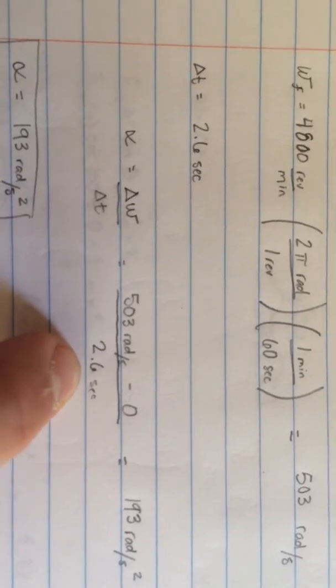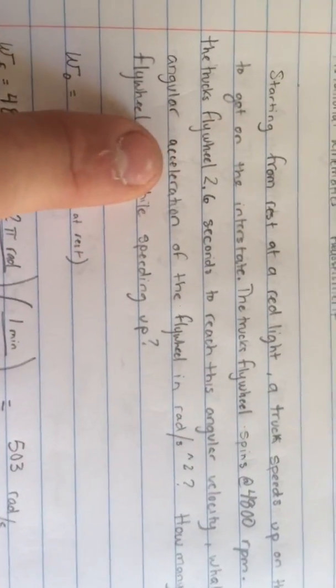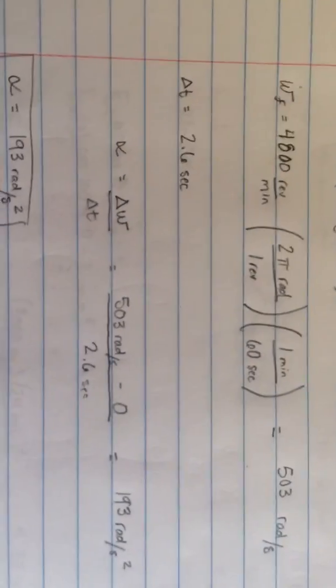So it's just going to be the 503 radians per second divided by 2.6 seconds, which gives you 193 radians per second squared. So that is the angular acceleration for the flywheel.